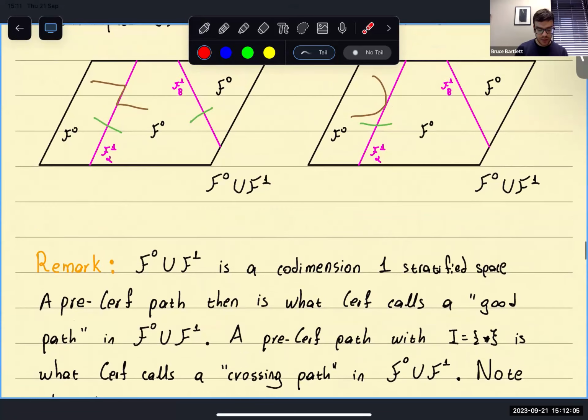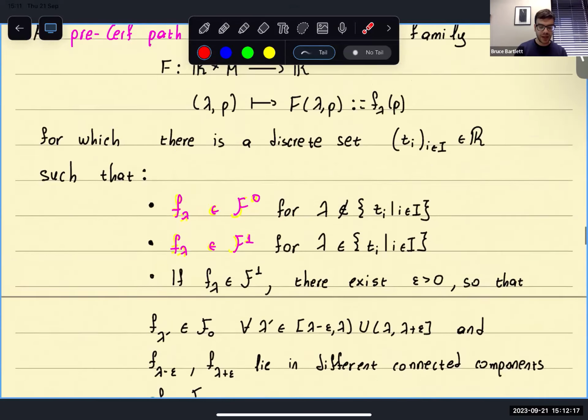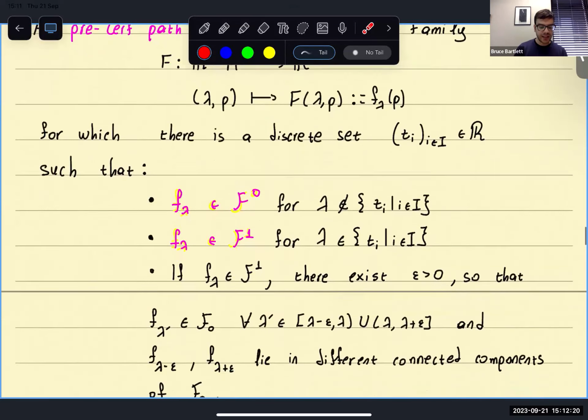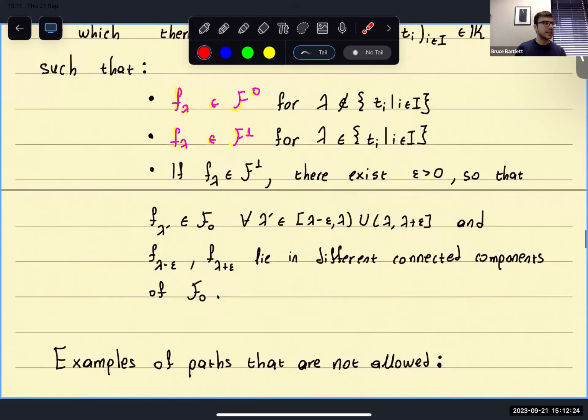So what I'm calling a pre-Cerf path here is what Cerf would call a good path in this codimension one stratified space. Whenever someone gives you a codimension one stratified space, you can write a notion of a path in it, which is exactly this notion that I gave you here, regardless of what the stratified space is, and you can call those the good paths.